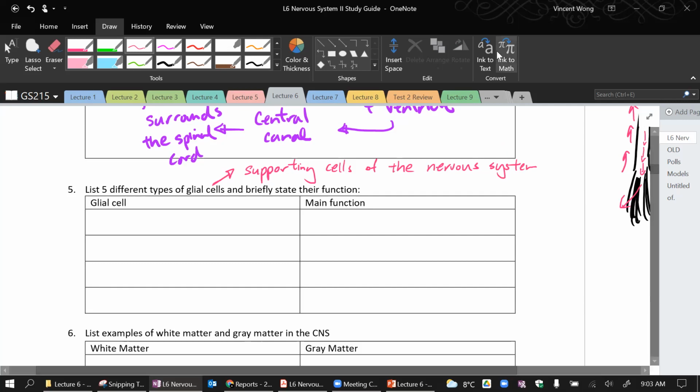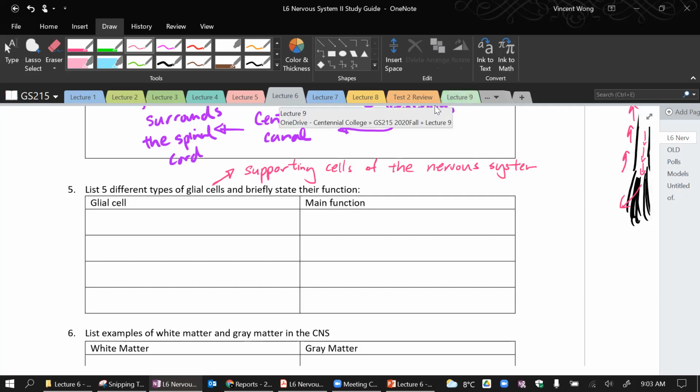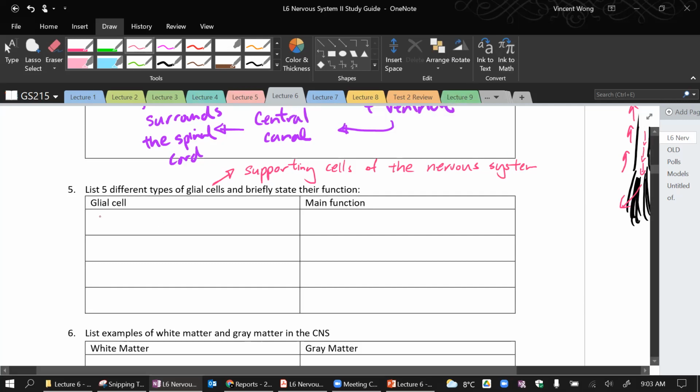So far in the course, we've learned about 4 types, I think. There is the Schwann cells. Schwann cells are important because they form myelin, the stuff that speeds up signal conduction, signal transmission. They form myelin in the peripheral nervous system.